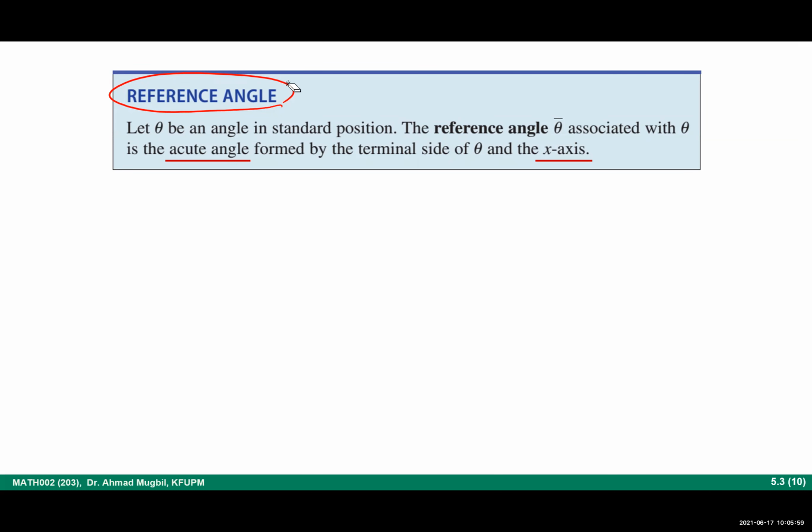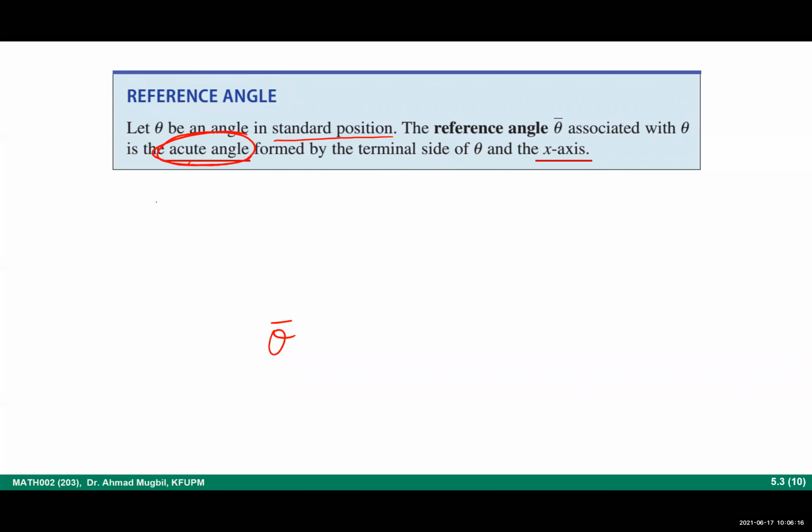Now let's start with what the reference angle is. Let theta be an angle in standard position. The reference angle theta bar associated with theta is an acute angle. What does that mean, Shabab? This means that it is positive, because all acute angles are positive. So it is positive, not negative.